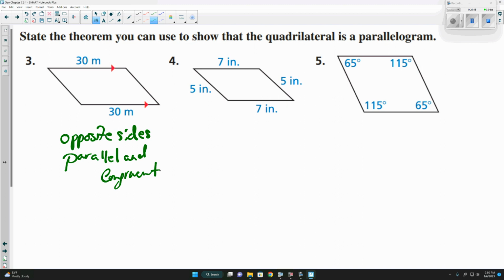Because our opposite sides parallel and congruent theorem tells us that number 3 is a parallelogram, because we have a pair of sides that are congruent and parallel. So that's just the theorem.